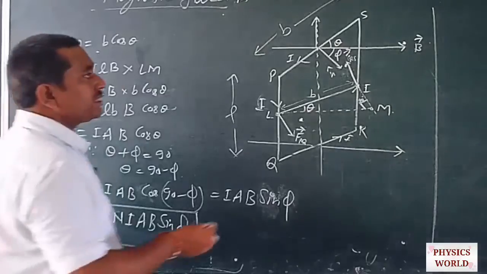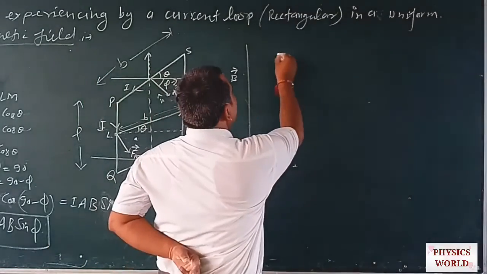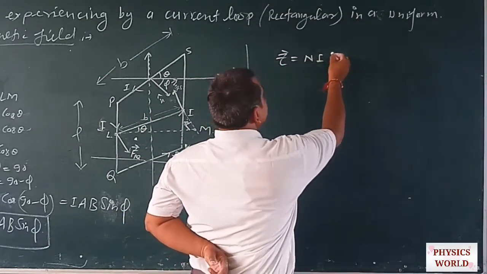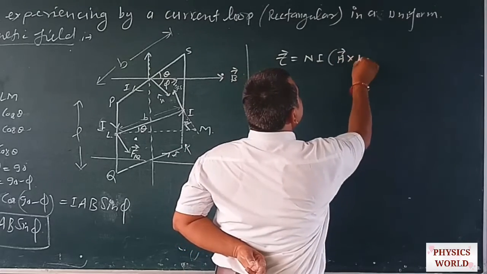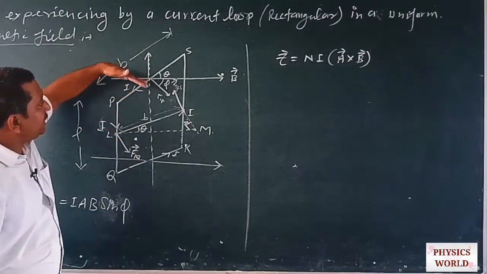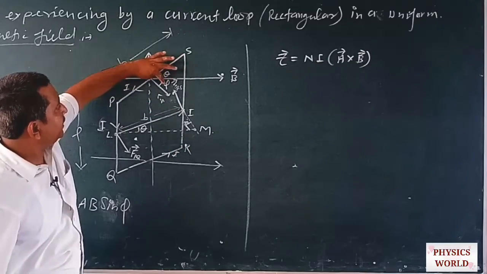So we can write in vector form tau is equal to N i A cross B, because the angle between A and B is phi.